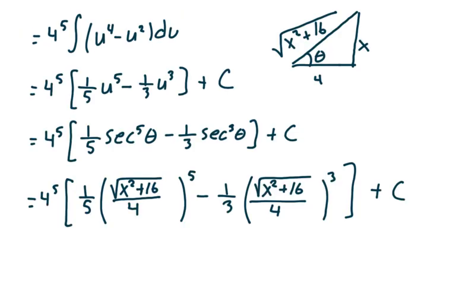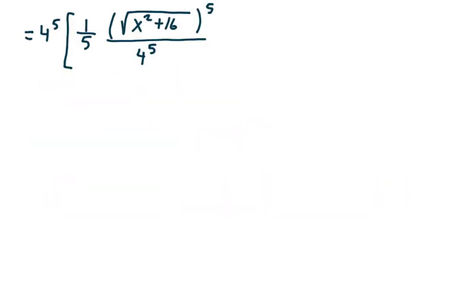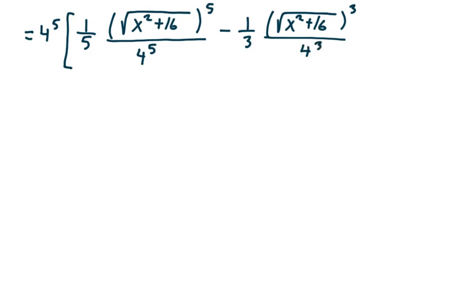And then minus 1/3 times x squared plus 16 to the 3rd divided by 4 to the 3rd plus c.